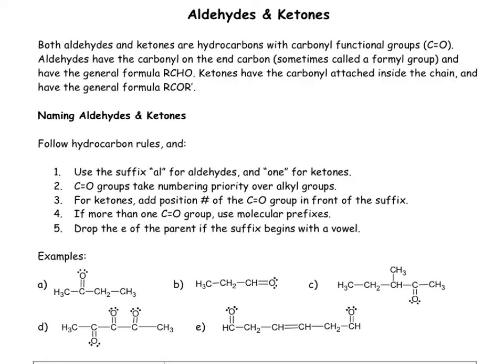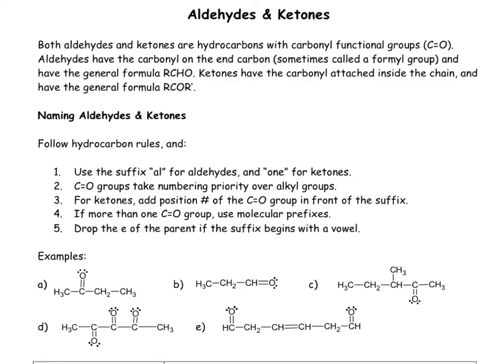Ketones have the carbonyl attached inside the chain and have the general formula RCOR'. Now, I'm not sure why they didn't classify them as primary aldehydes and secondary aldehydes, because that would have worked too.